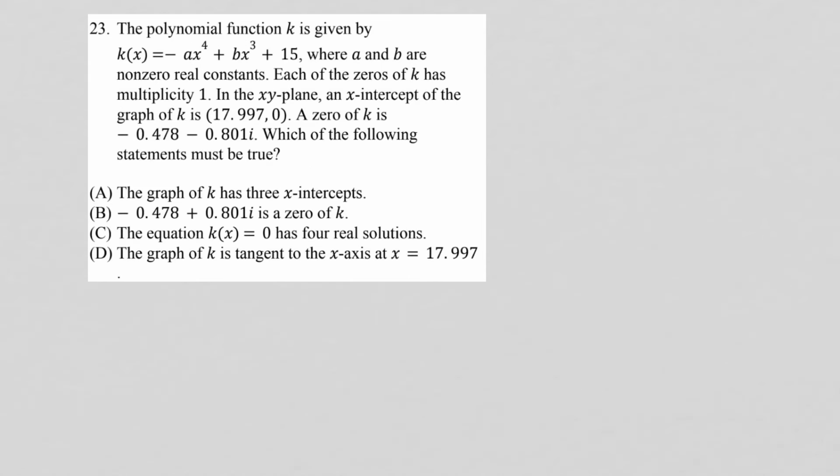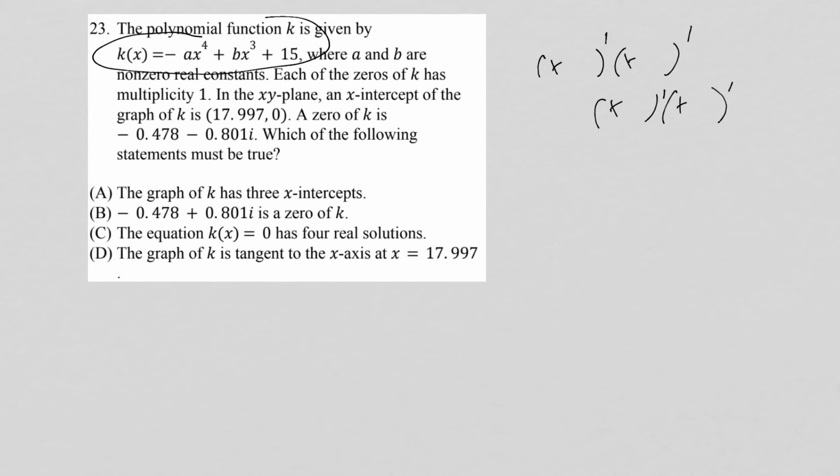23. Here's a 4th degree polynomial, and we don't know what A and B are. Then they say each of the zeros of k has multiplicity 1. So this thing factors, and when it factors, they'll all be exponent 1 here. There won't be any matching ones.